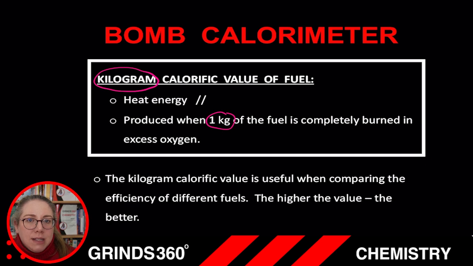So if it ever asks why, I don't know, ethene is a good fuel, well, it has a high octane number. I don't know what the octane number is, and I don't need to know, but I know it will be high because they wouldn't be asking you about it if it wasn't. But another answer you can give is that the fuel has a high kilogram calorific value. I find the wording of that a little more difficult to remember, however it is a perfectly valid answer in the exam.